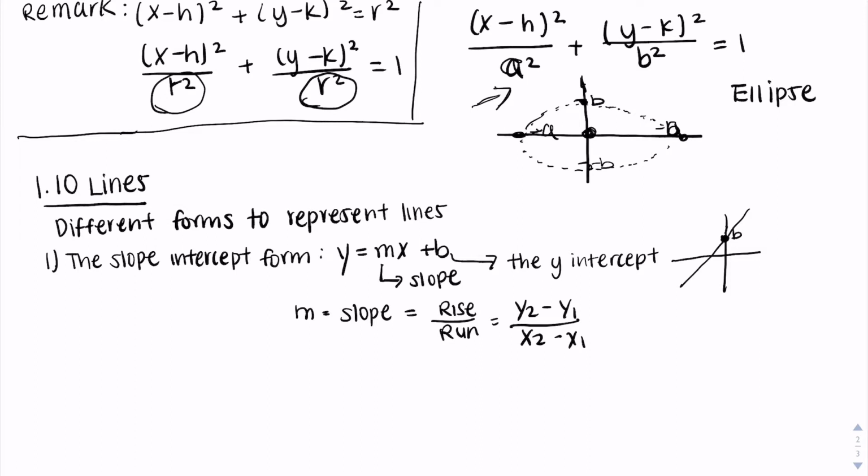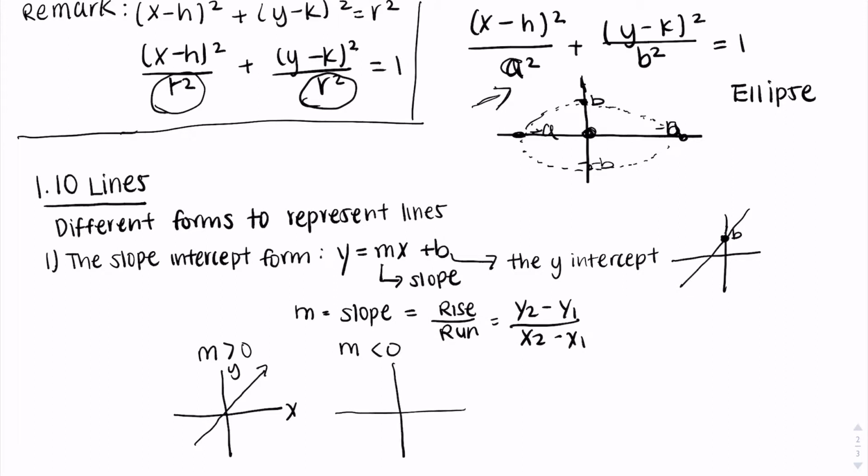So here is some example. When m is greater than 0, that means it's a positive slope. You will see something like this going up this way. When m is less than 0, you will have a negative slope going down this way.